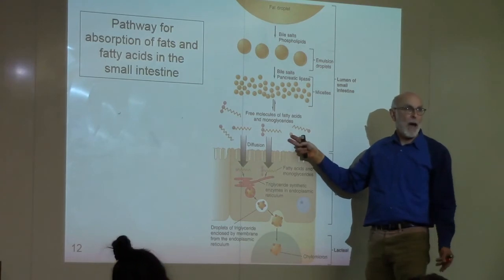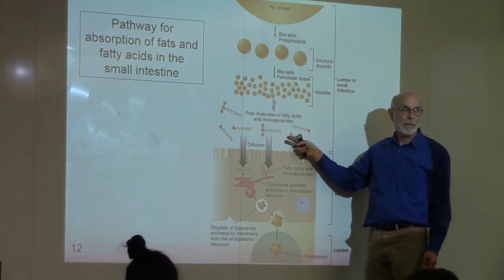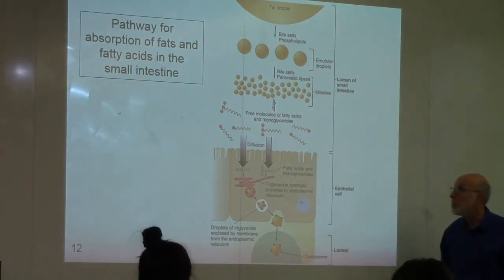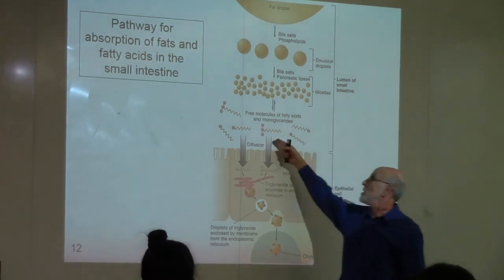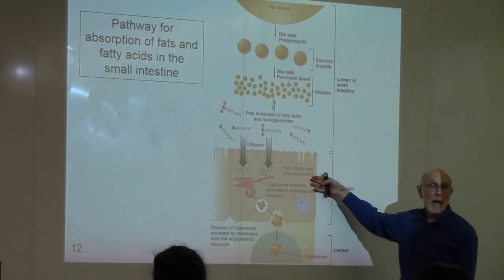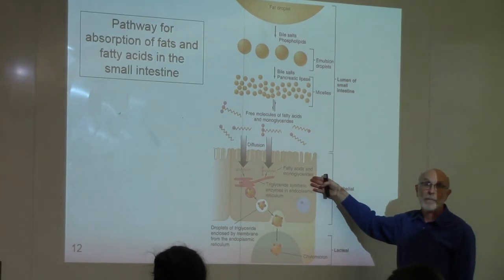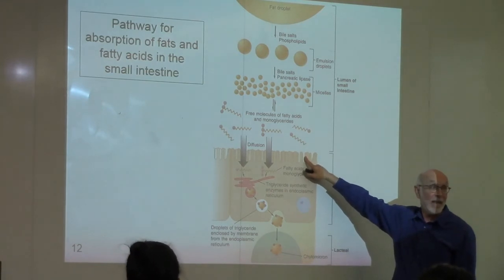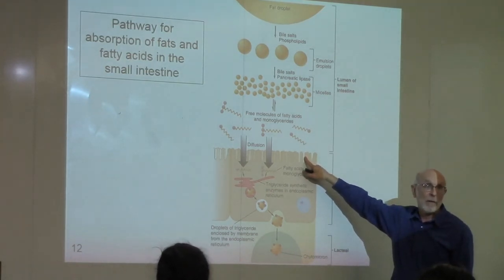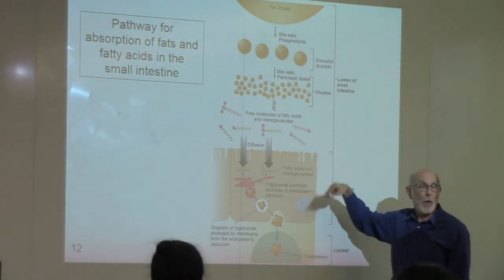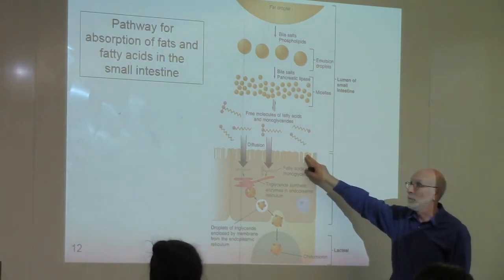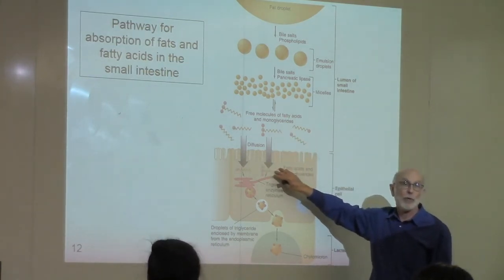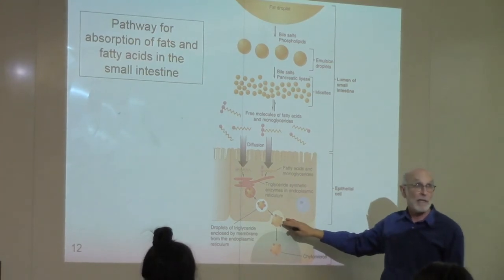But there's a certain amount of it that is free. And it simply diffuses, because it's so nonpolar, through the intestinal epithelium. What membrane is this? Apical. And it's got this highly folded structure. Apical membrane, it diffuses through this large surface area into the epithelial cell of the small intestine.